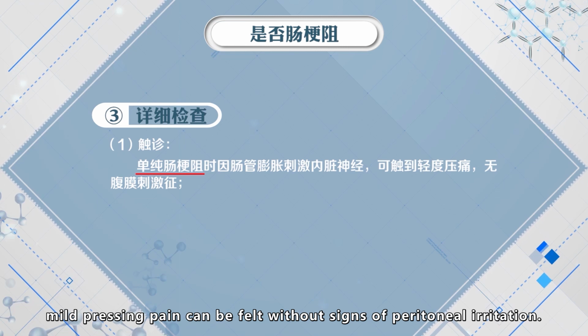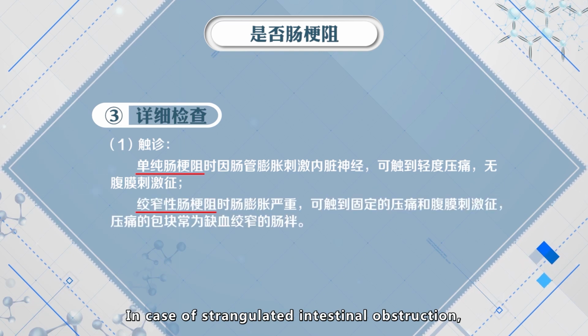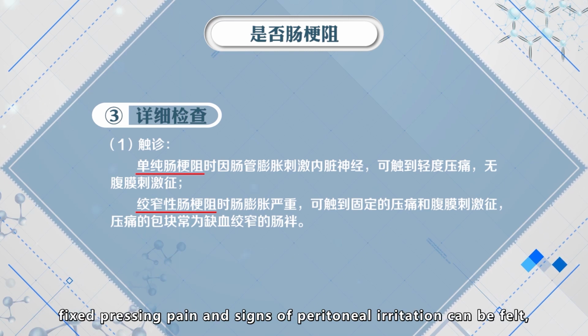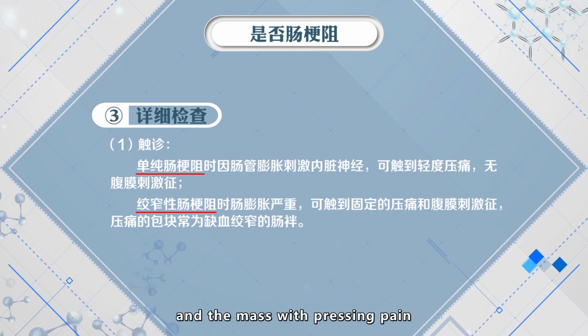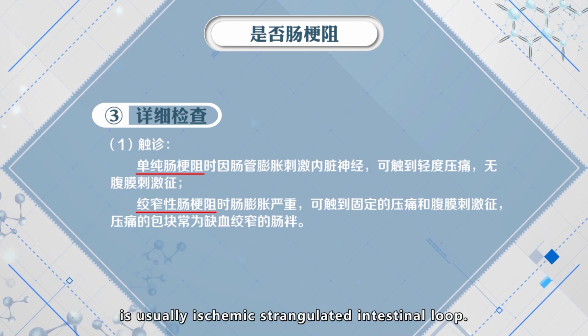Mild pressing pain can be felt without signs of peritoneal irritation. In case of strangulated intestinal obstruction, due to the severe intestinal swelling, fixed pressing pain and signs of peritoneal irritation can be felt, and the mass with pressing pain is usually the ischemic strangulated intestinal loop.